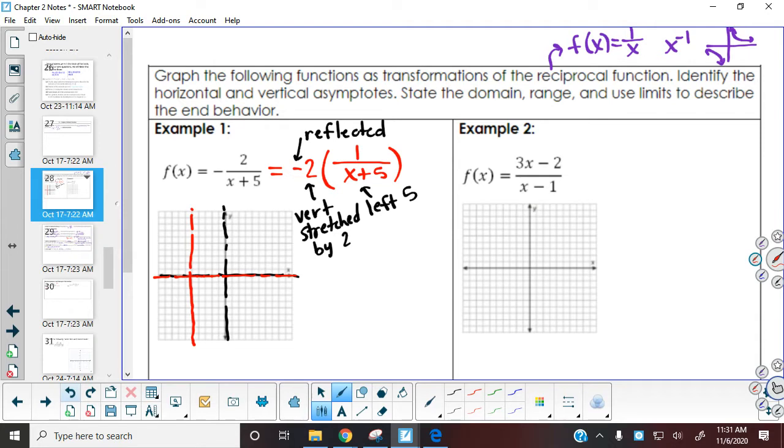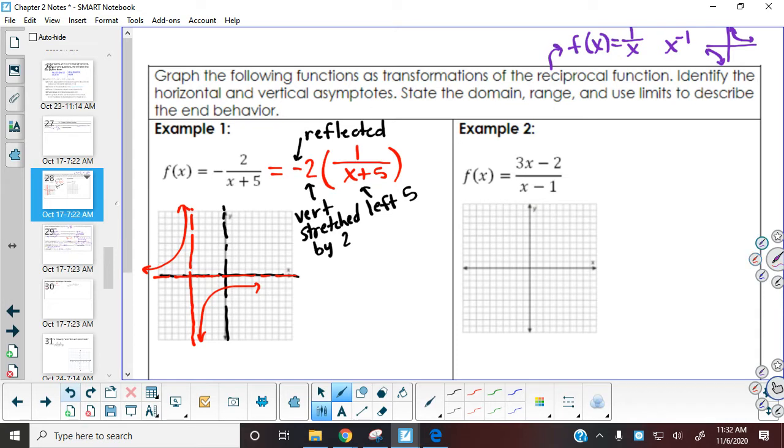Now, originally, your graph is in the first and third quadrants, but because it's been reflected, it's now going to be in the second and fourth. Keep in mind, when I say quadrants, I'm referencing my new asymptotes as the dividing piece. I'm not worried too much about the vertically stretched piece. So don't worry too much about being specific about that when you graph.